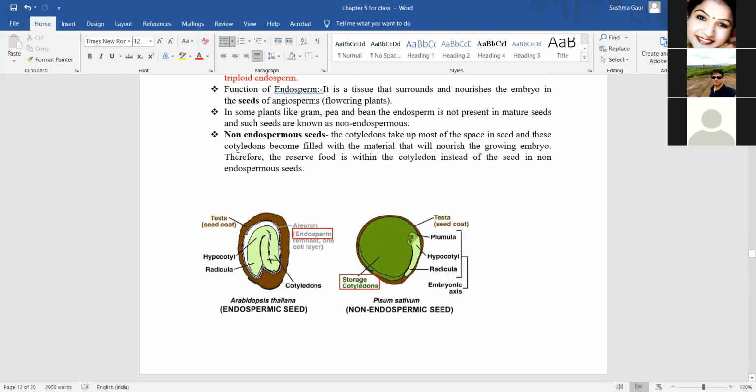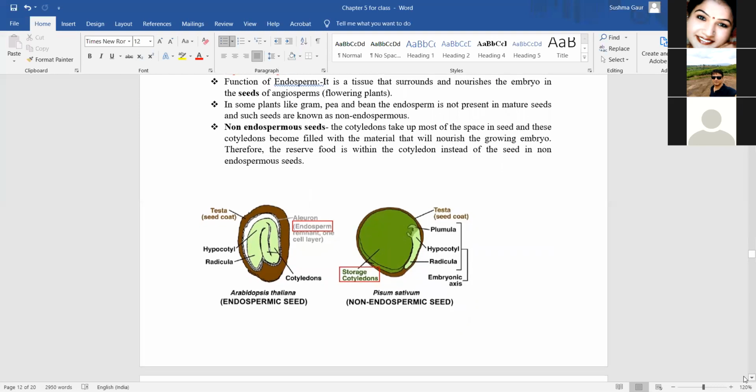So in non-endospermous seeds, the reserve food will remain within the cotyledon. ठीक है? Endospermous seeds में nourishment रहेगा endosperm में, that will be present inside the seed. I told you before also what is endosperm.